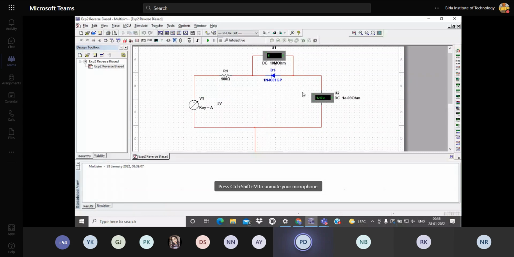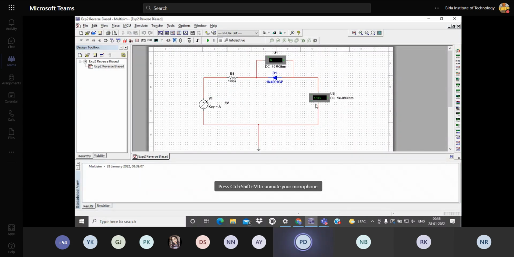And this is the reverse bias. Ma'am, is it okay? Yes, yes, okay. And then I have also completed experiment number 3 and 4, ma'am. Then 3 and 4 you have also completed. Okay. So you can show.